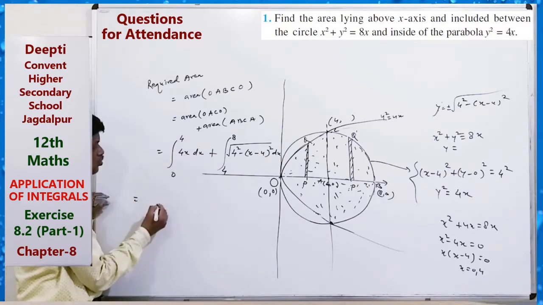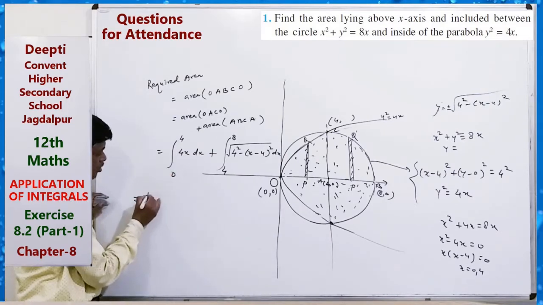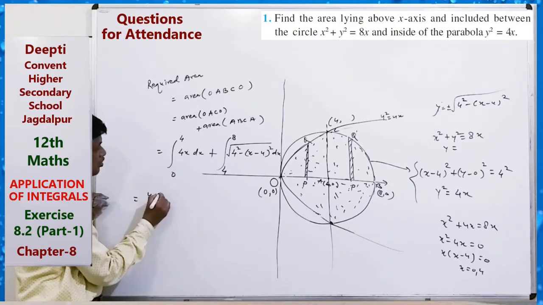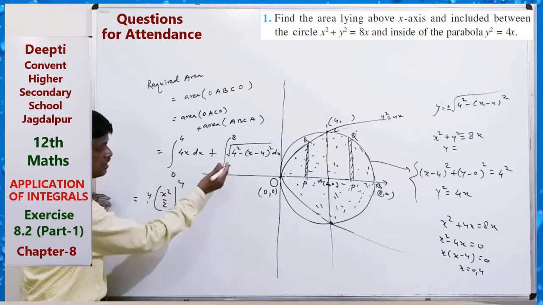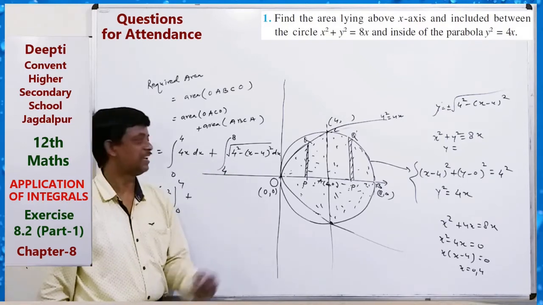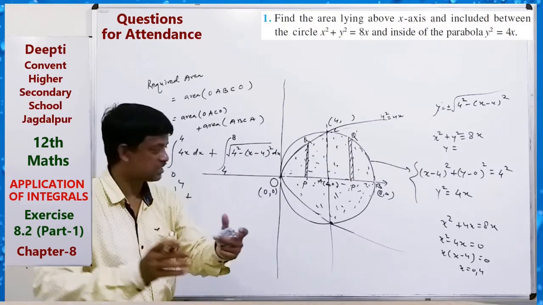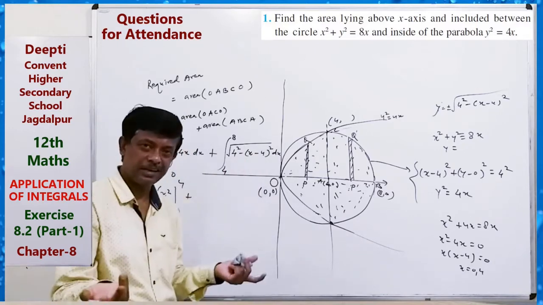Root 4x gives 2 root x, so here 4 by 3 x to the power 3 by 2 from 0 to 4, plus here you can apply the limit formula for root of a square minus x square. X minus 4 may be treated as t.